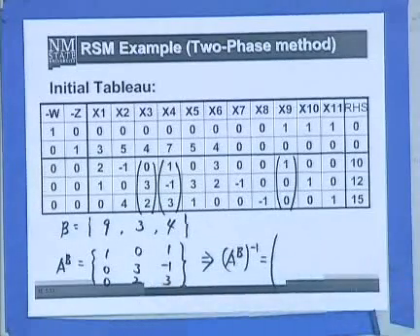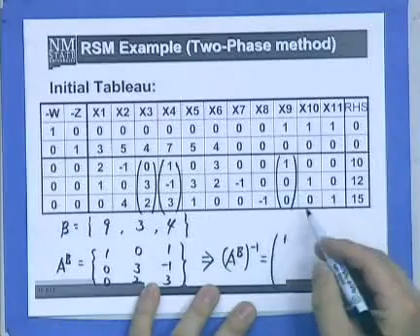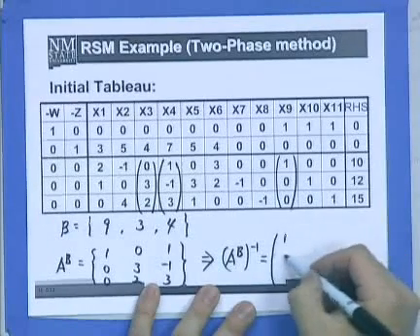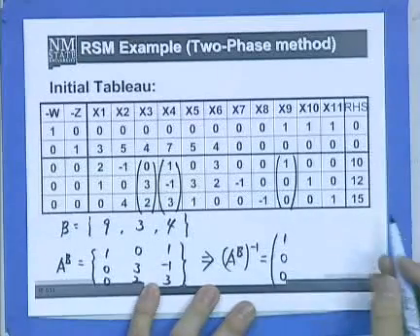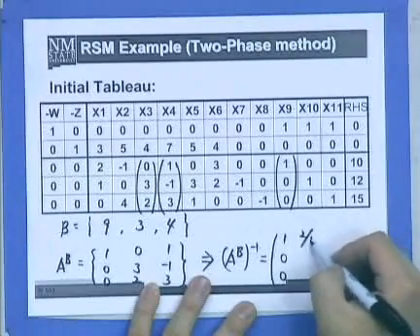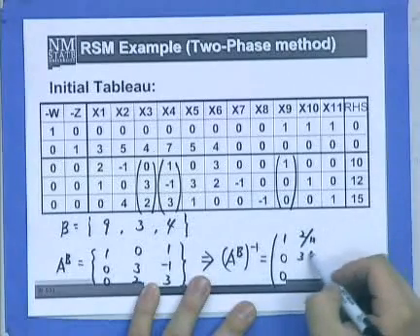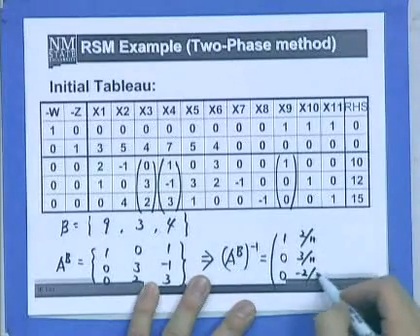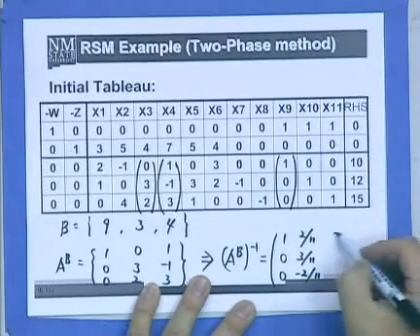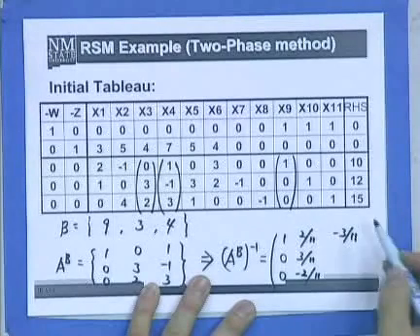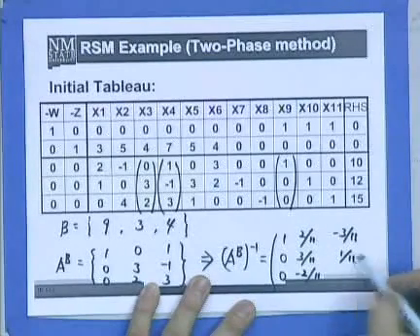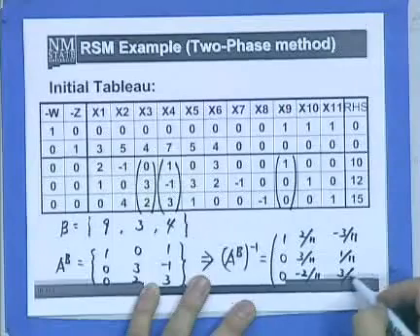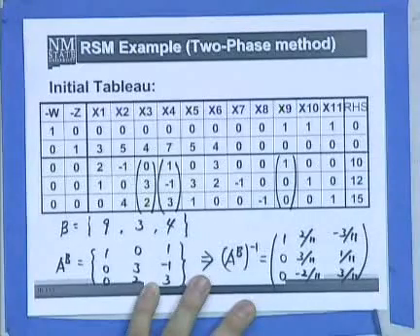And according to my calculation, the new basis inverse matrix is 1, 0, 0, 2/11, 3/11, negative 2/11, and negative 3/11, 1/11, and 3/11. Okay?